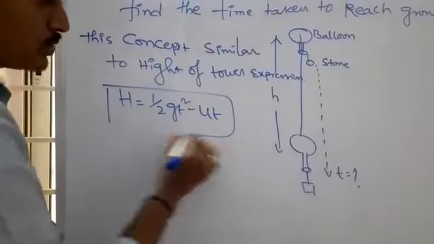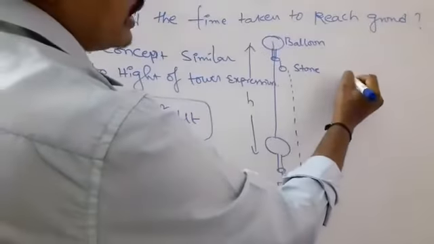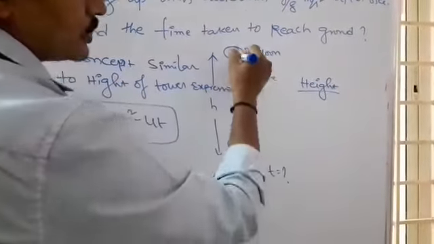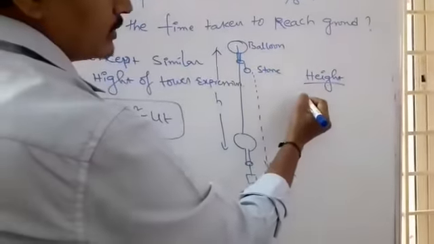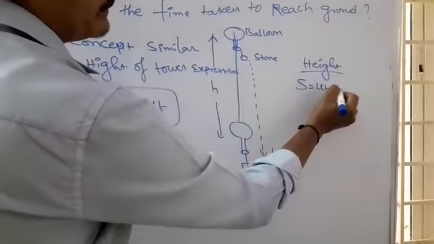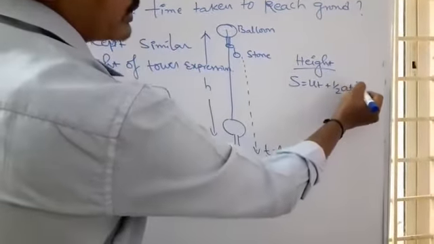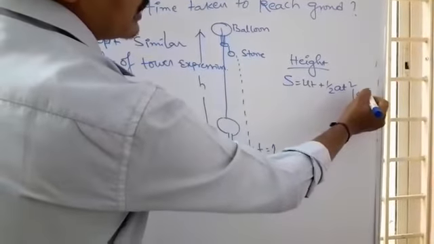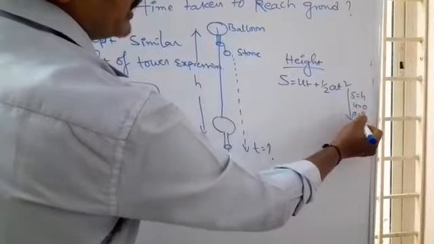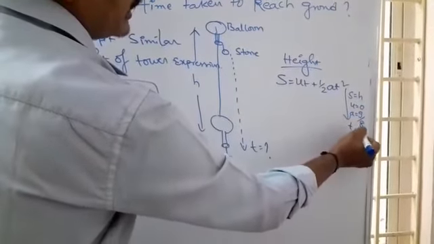So first we measure this height, from what height the stone is dropped. You know the formula, s is equal to ut plus half at square, freely falling. s is equal to h, u is 0, a is equal to g by 8, t is equal to 8.